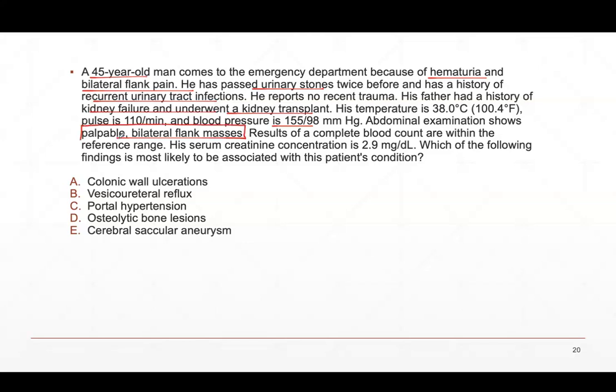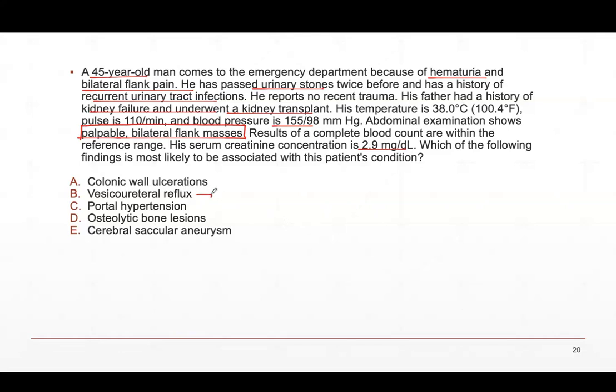Palpable bilateral flank masses. What's in the flank usually? The kidneys. Yes, okay. B is not a very wrong answer, if you're thinking that the reflux caused hydronephrosis, for example, but it's unlikely for a 45-year-old man to have reflux.